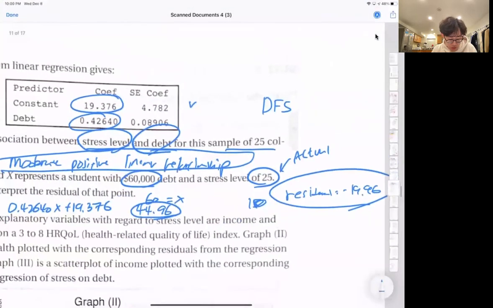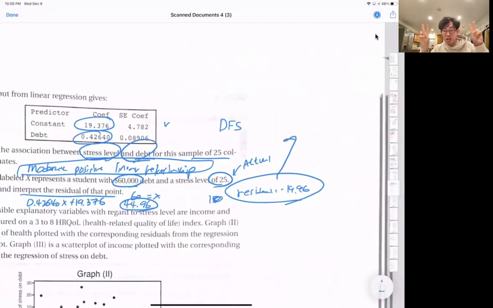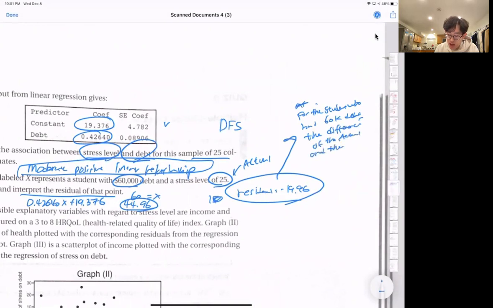Does it say to interpret this? Yeah, calculate and interpret the residual of that point. So the way that you interpret a residual is, for the student who had 60,000 in debt, the difference of the actual and the predicted will be around negative 19.96 of stress level.